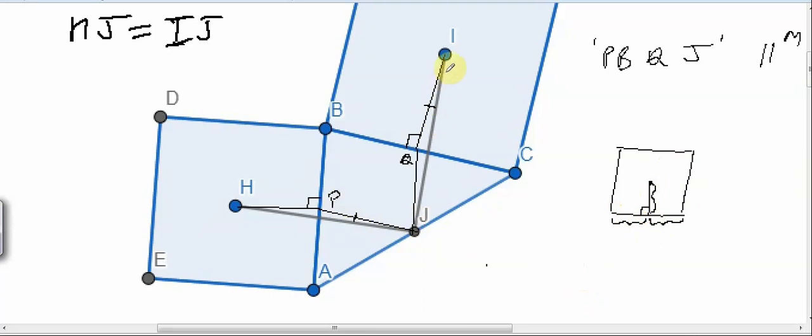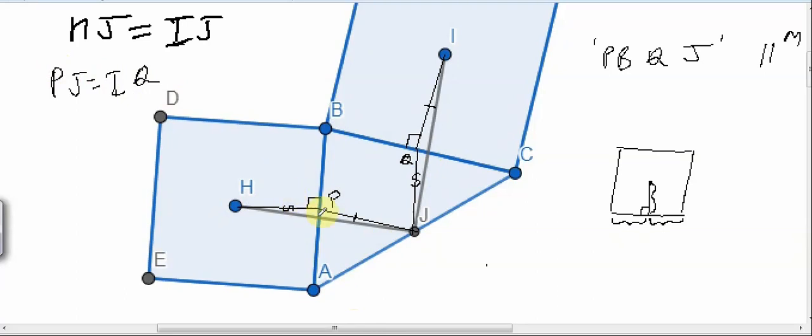So PJ is equal to IQ. Likewise, HP is equal to QJ. Same reason. QJ is equal to PB and PB is equal to HP. So therefore HP is equal to QJ.